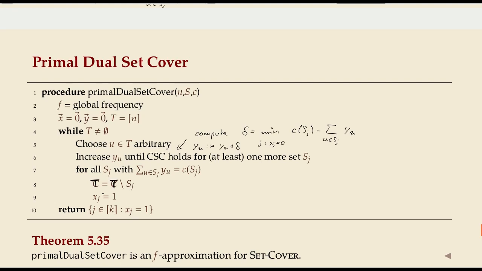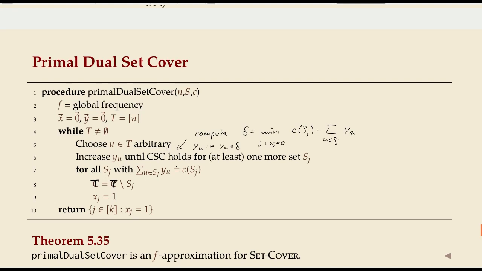We now take it up into cover, and we do so by setting xj to 1. And then in the end, what we return is all the sets where xj is 1. So essentially, we store the solution in a bit vector representation, right?